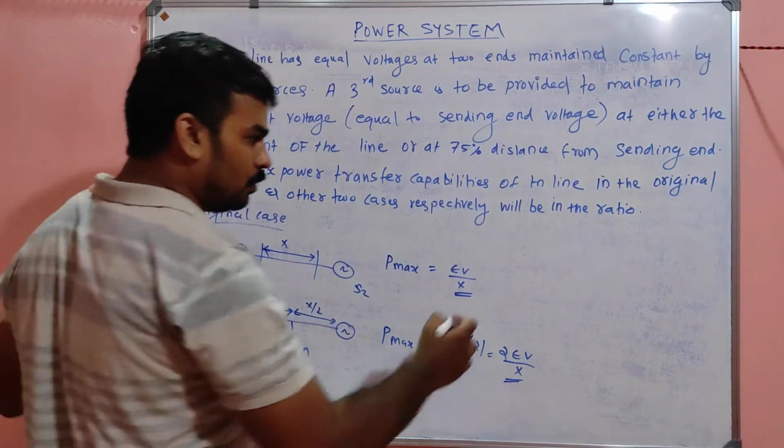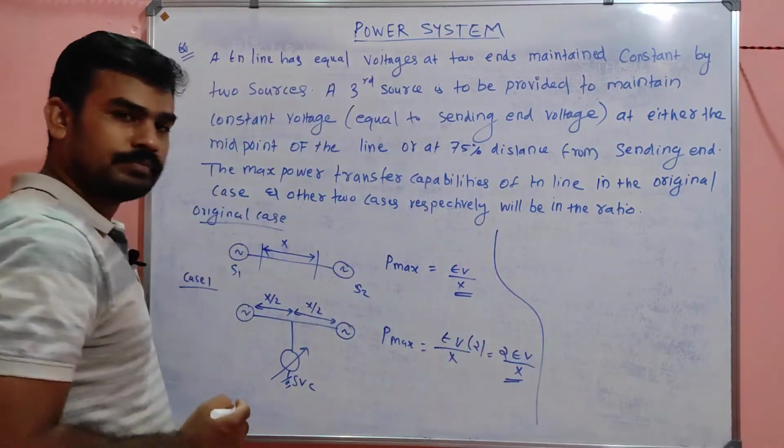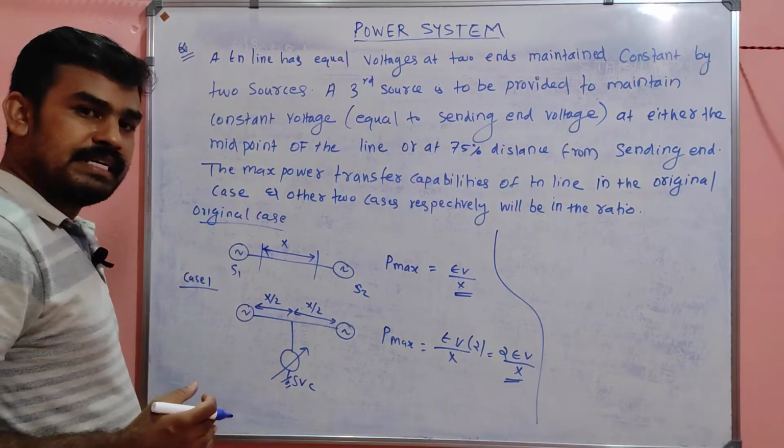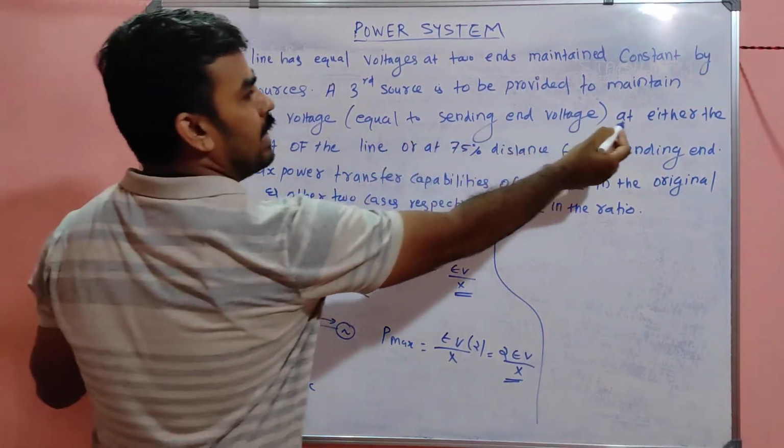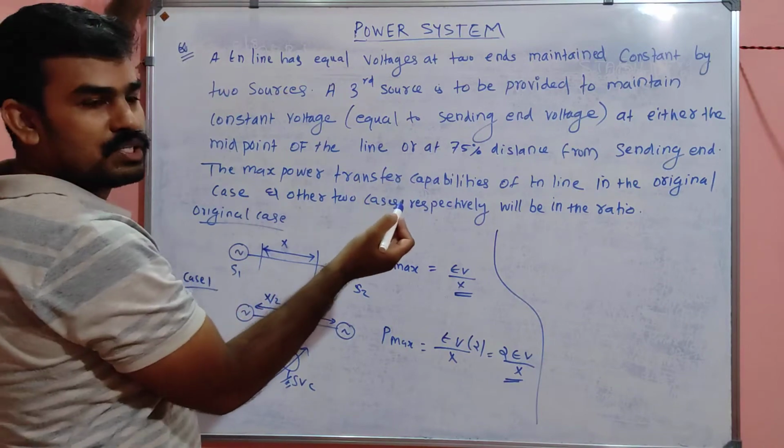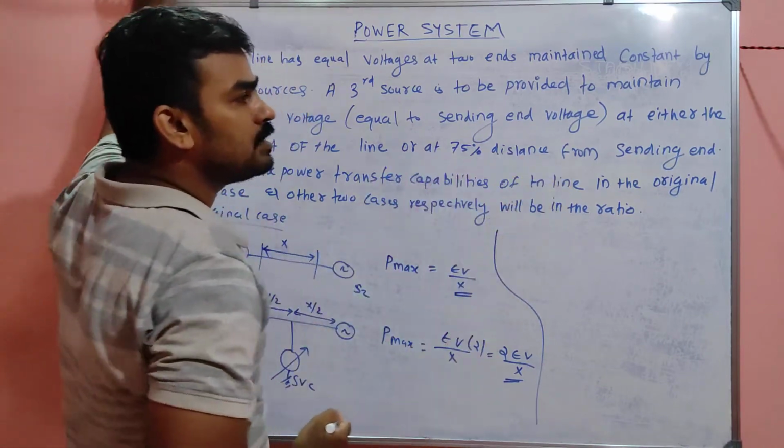Is that over? No, one more case is given. The SVC is given at either the midpoint of the transmission line or at 75% distance from the sending end.